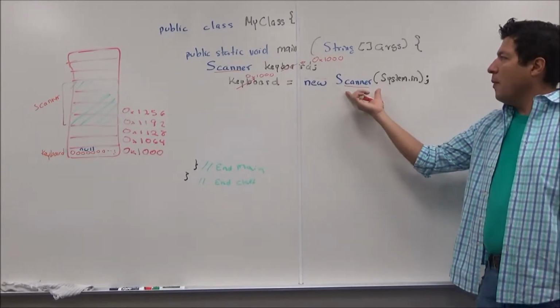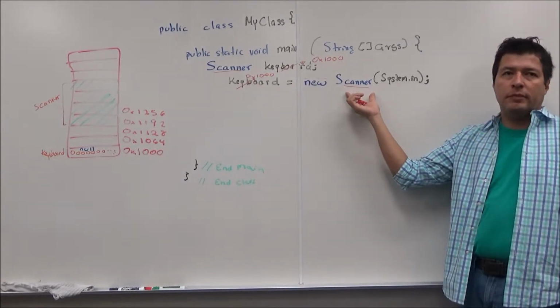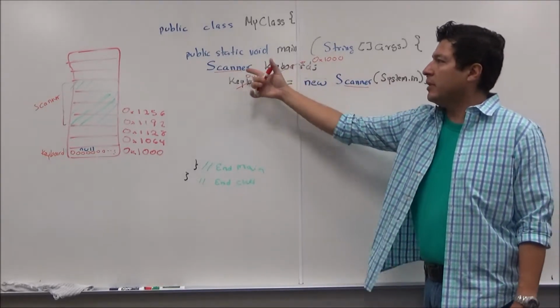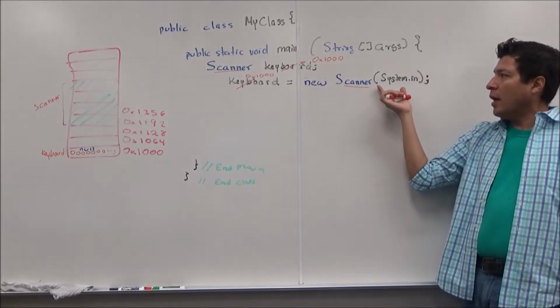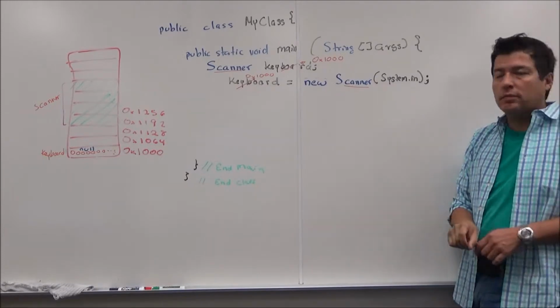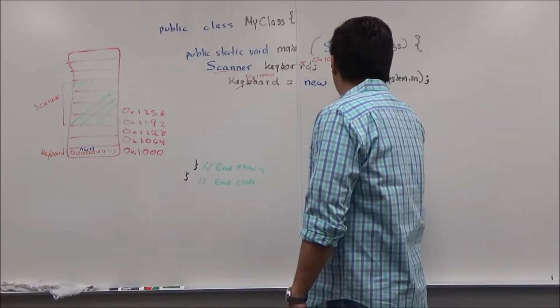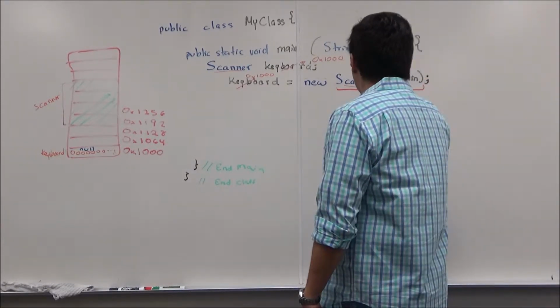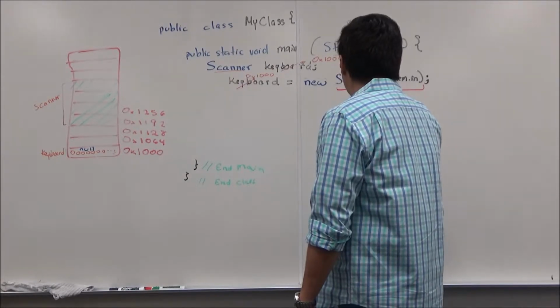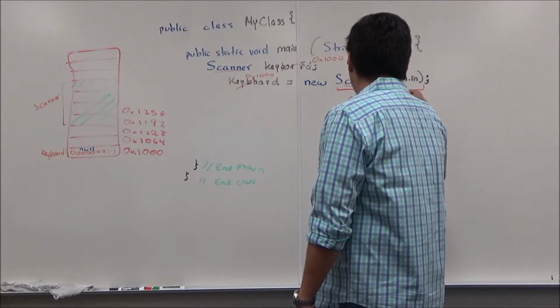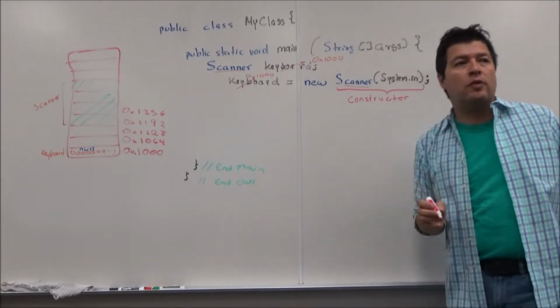It's followed by a class name, let's say, or a type, Scanner. And you see these parentheses, this whole thing is called a constructor.